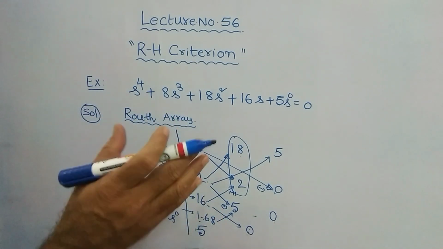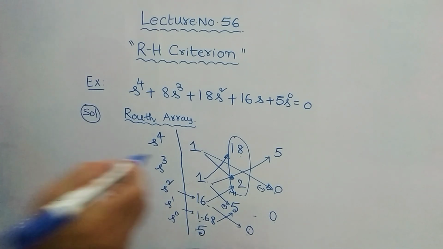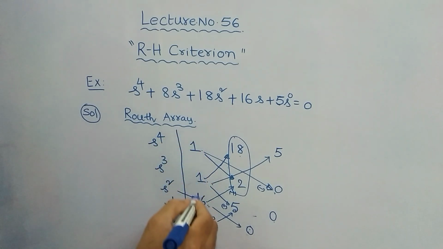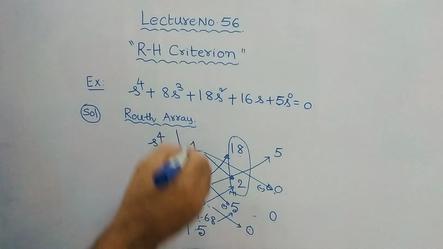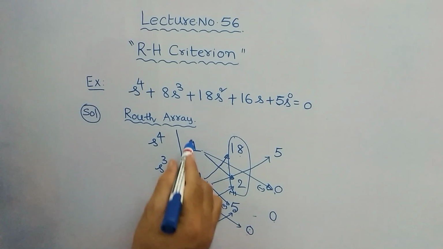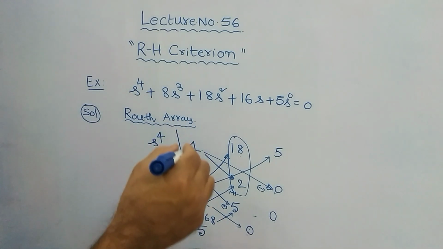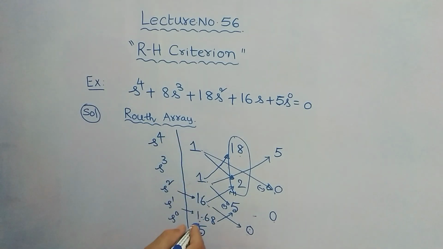With this, your problem is over. Now you need to see the first column of this Routh array. Consider the first column. See that all must be positive. The condition is that all the elements of the first column of the Routh array must be positive.